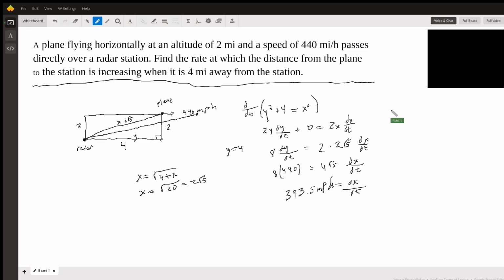There are a lot of these word problems which you're going to solve with calculus, and this is a classic where the equation being used is the Pythagorean theorem. And you'll find lots of other situations where a lot of stuff from geometry is used in these word problems.